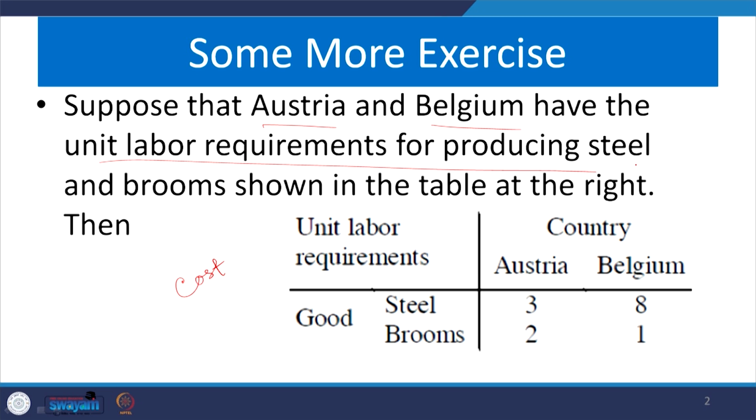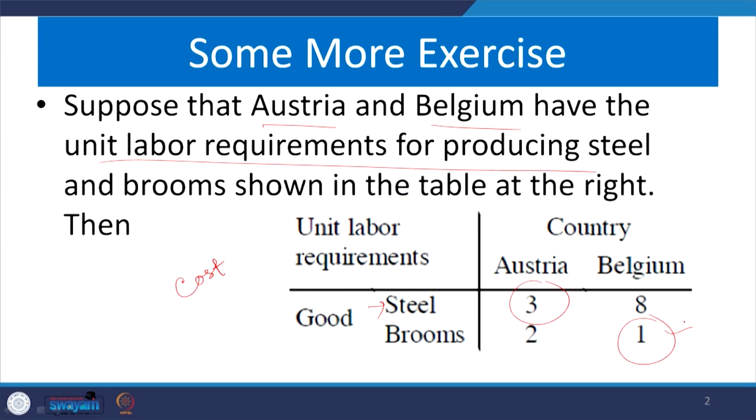Look at steel. Steel is produced with less expenditure in Austria as compared to Belgium, whereas brooms can be produced at a much cheaper cost in Belgium, half the cost of Austria. So, Belgium has an absolute advantage in brooms, whereas Austria has an absolute advantage in the production of steel.